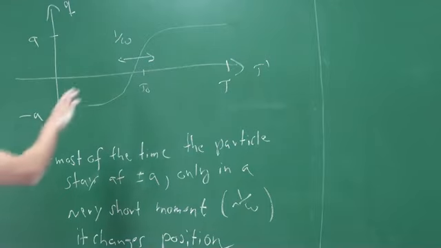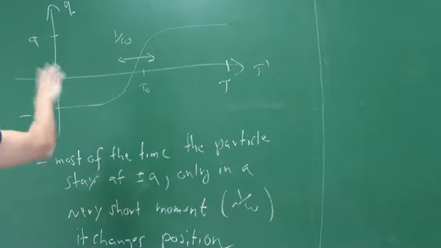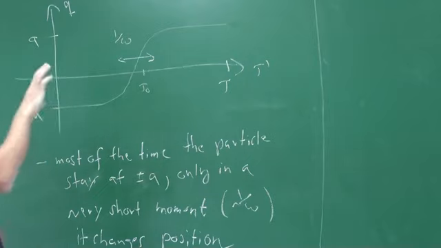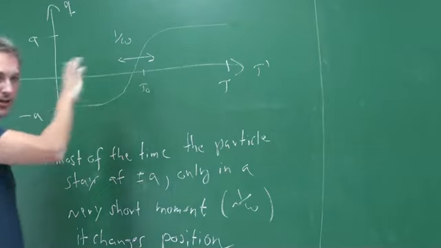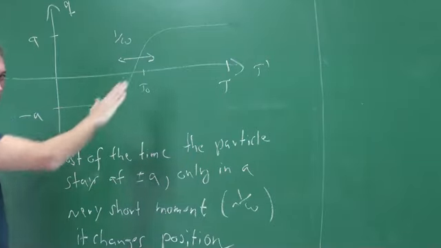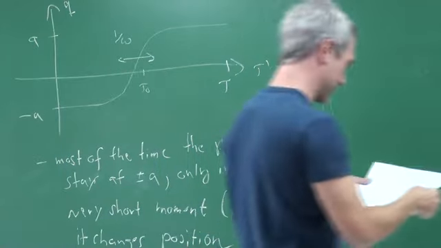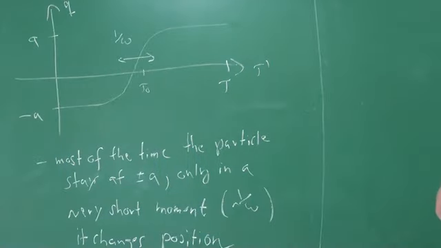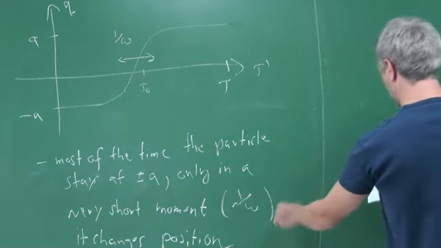This is called the instanton, and we will consider this transition as some kind of particle. We can position it anywhere. But let's just say for the moment that this changes position very quickly.